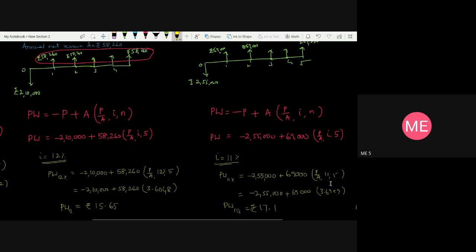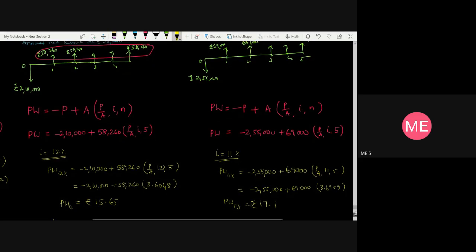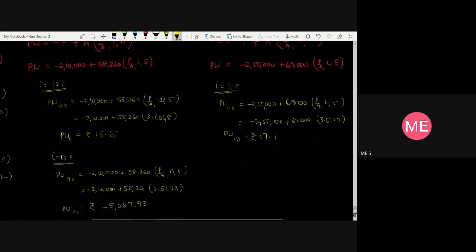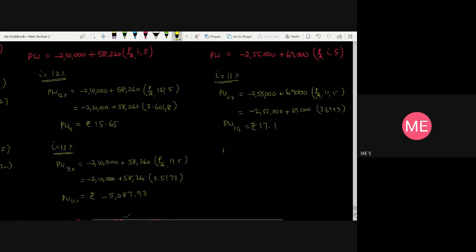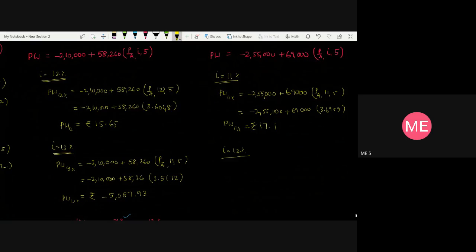So then we can take the next as 12%. I is equal to 12%. When I take I equal to 12%, PW at 12% is equal to minus 2,55,000 plus 69,000 into P by A 12 comma 5, which is 3.6048.